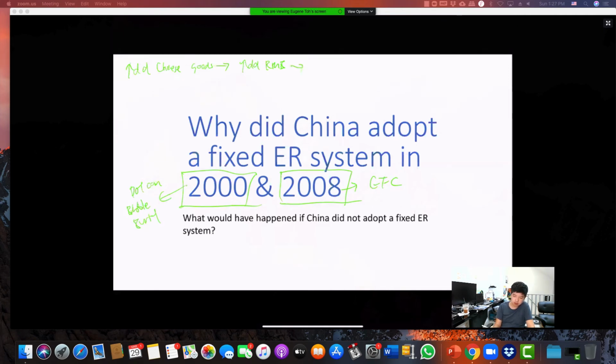If demand for renminbi increases, the renminbi will appreciate. Correct. Now, if the renminbi appreciates, then what does it do to prices of Chinese goods?